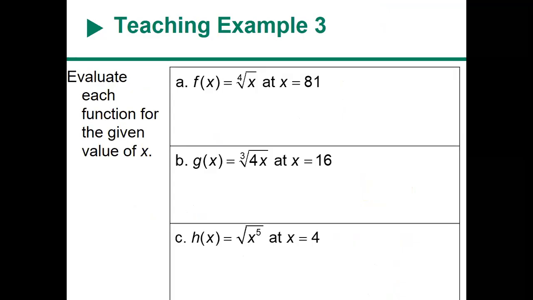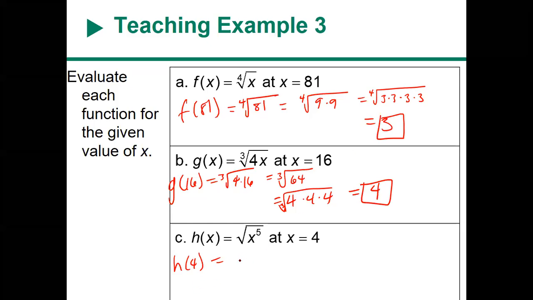All right, so it's telling you what your x is, and I would like for you to evaluate it. So given this x, what do you get? And that gives us the square root of 4 to the 5th power. Well, what'd y'all get?